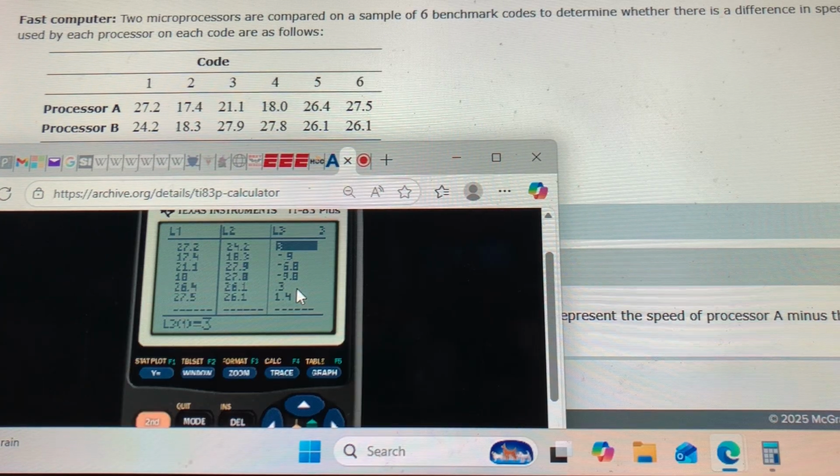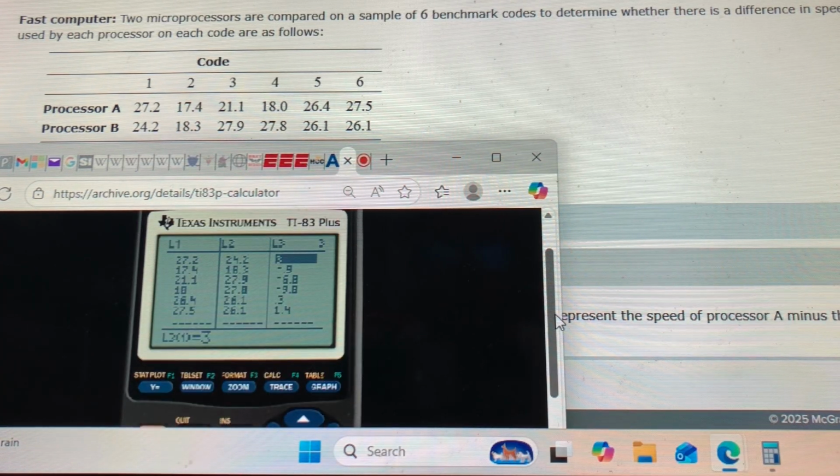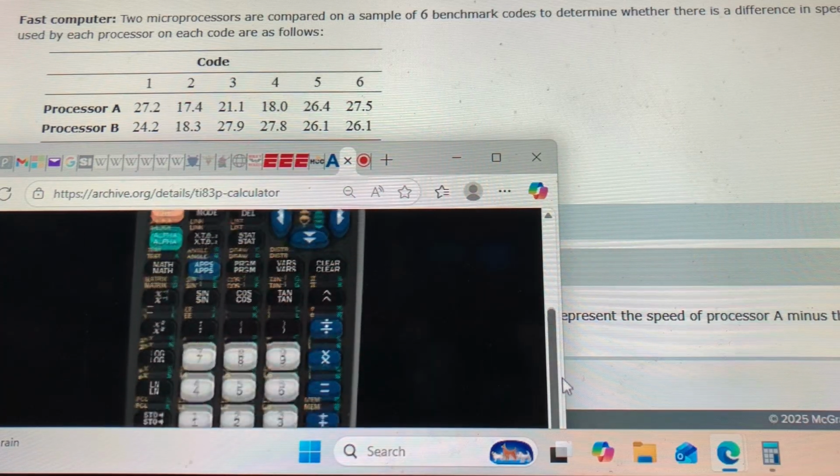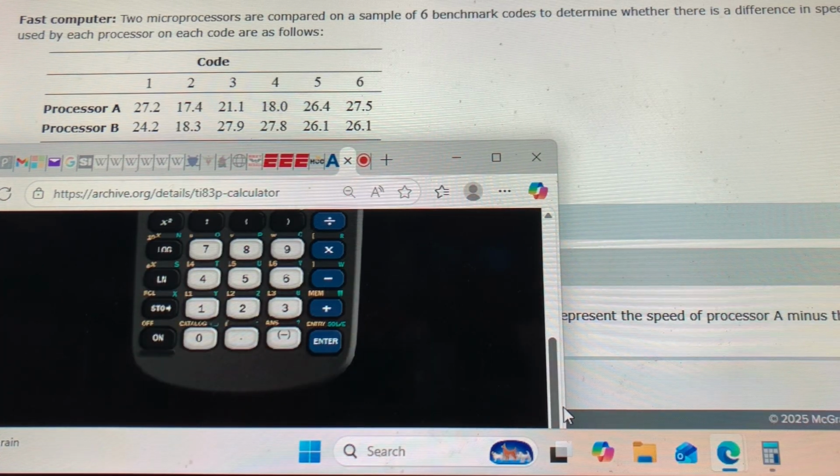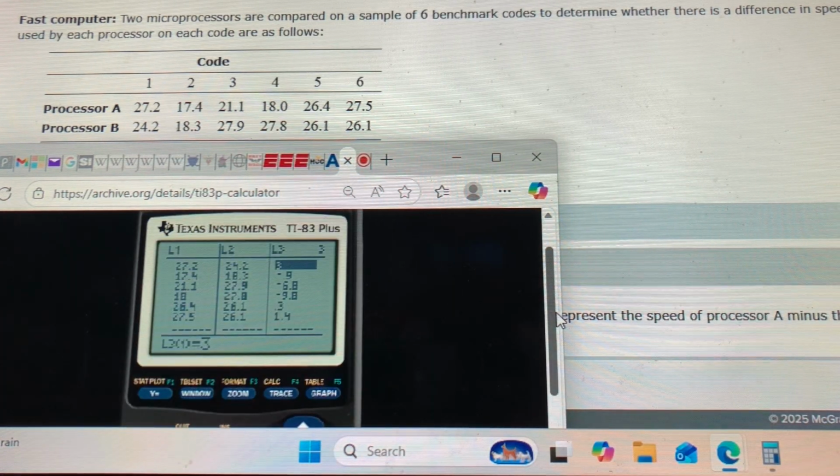If you're going to show that one of these is significantly different from the other, you should get all positives or all negatives, or close to all of one, or have some that are significant. Two of the negatives are pretty significantly negative, but everything else is pretty close to 0. Since half are positive and half negative, 0 is probably a possibility, so there isn't much of a difference here.